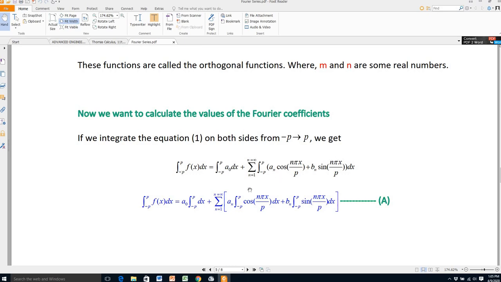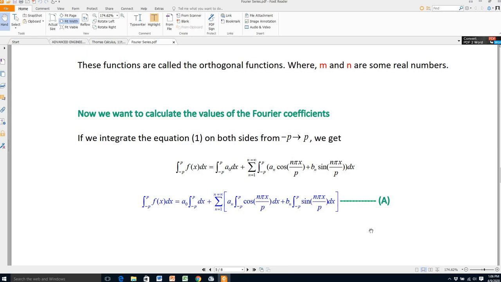If you integrate the expression enclosed in the square brackets, the integral of cos over a periodic interval becomes 0, and the integral of sin over the periodic interval also becomes equal to 0. You can calculate it by integrating it.